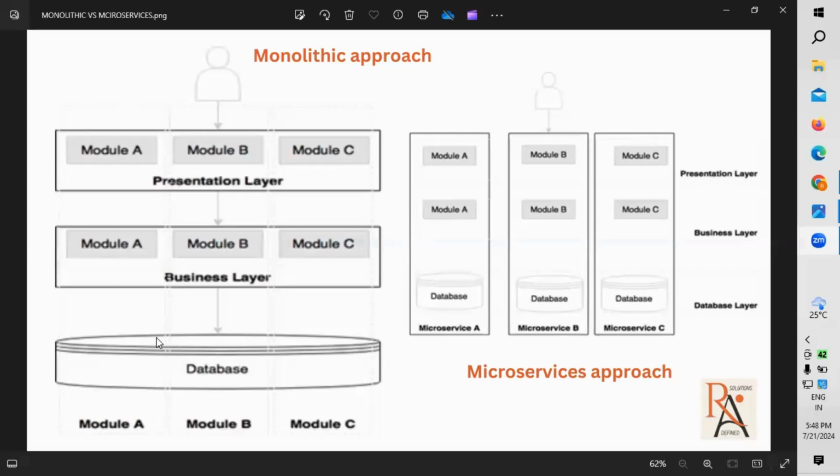So monolithic, as I stated, was the earlier approach. In monolithic, whatever approach or process we have discussed so far, these components are tightly coupled. Because the components are tightly coupled, what happens if you want to make any changes in between? It is really difficult.